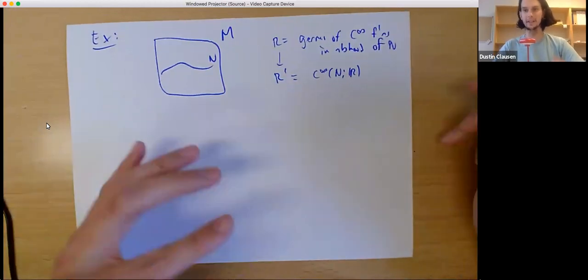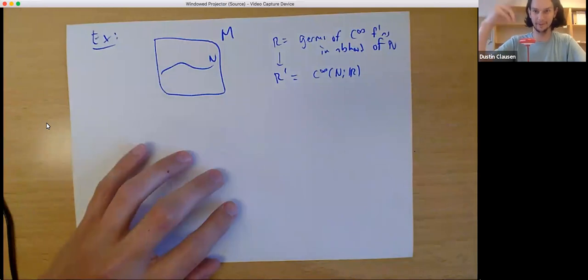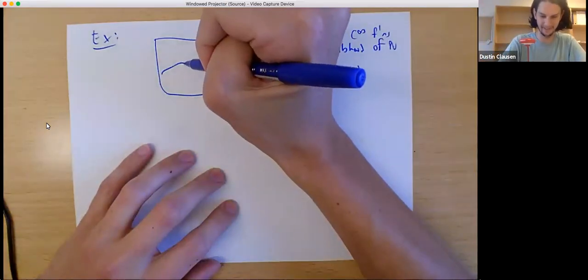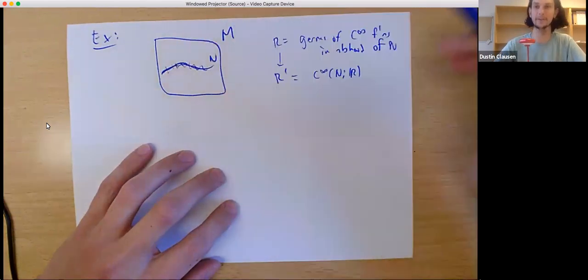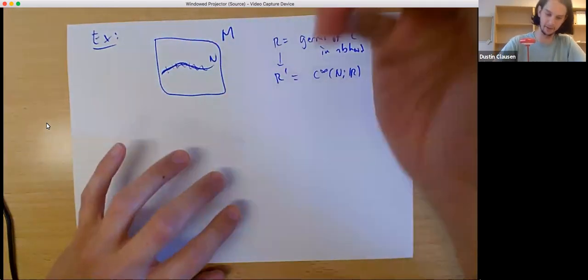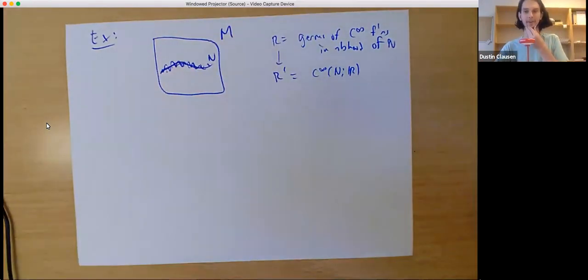And the Henselian condition essentially is just the implicit function theorem. So if you can solve for this on N, then you get a solution on a small neighborhood as well. And this is a good picture for what a Henselian map is in general.